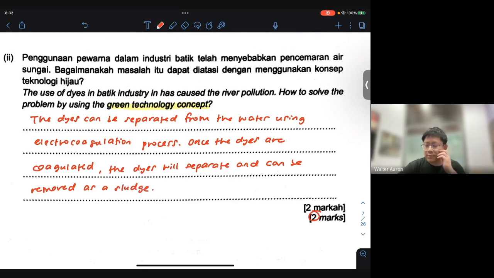Then it's done already. Okay, so these are the processes in order for you to separate off the dyes and whatnot.